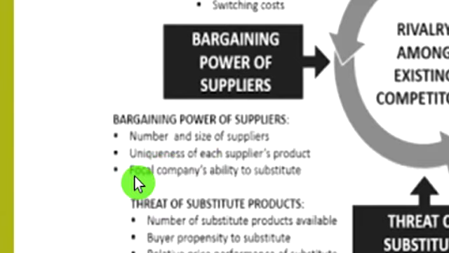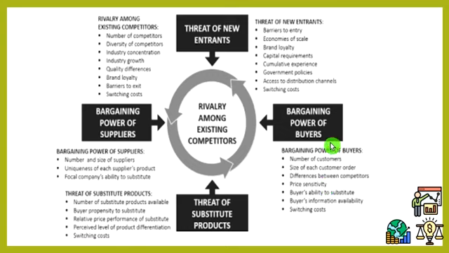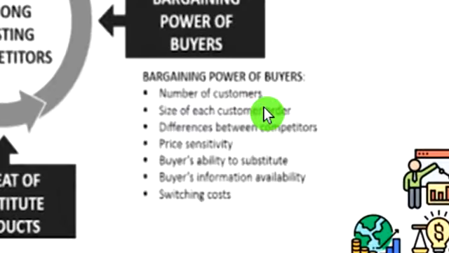Now, the examples of bargaining power of suppliers are the following: number and size of suppliers, uniqueness of each supplier's product, and focal company's ability to substitute. Now, for bargaining power of buyers, we have number of customers, size of each customer order, differences between competitors, price sensitivity, buyer's ability to substitute, buyer's information availability, and switching cost.